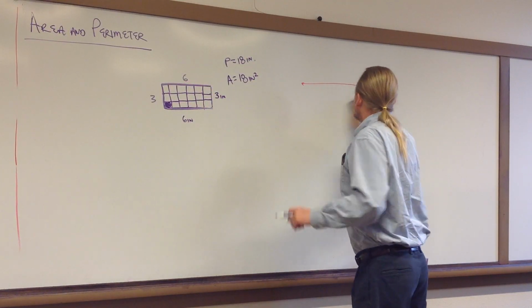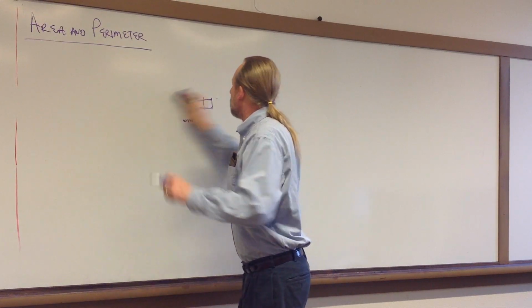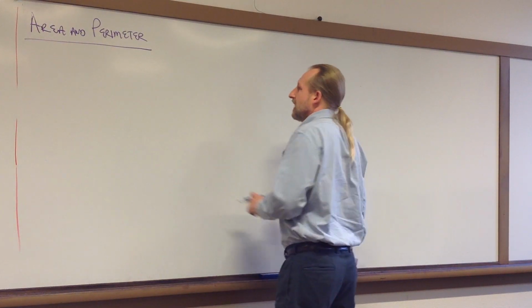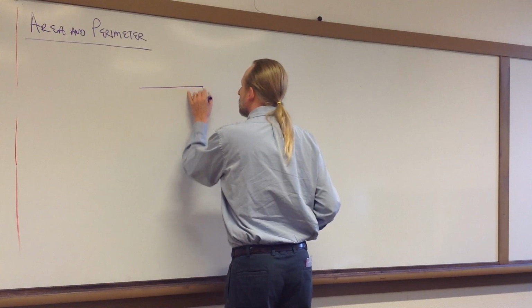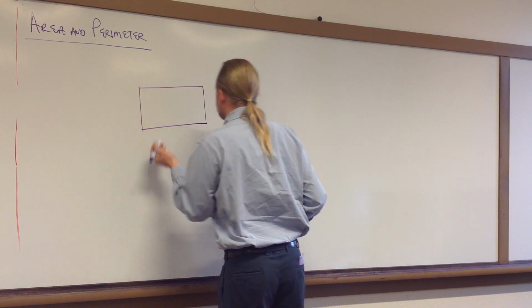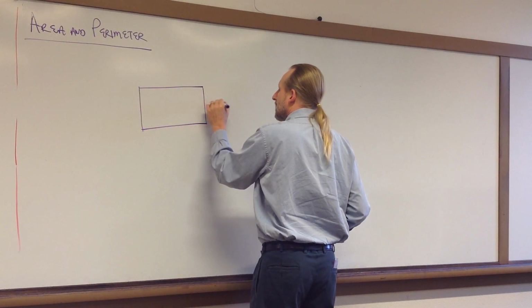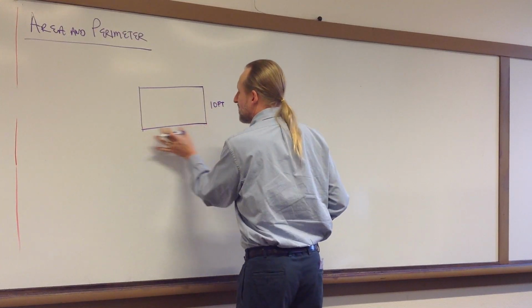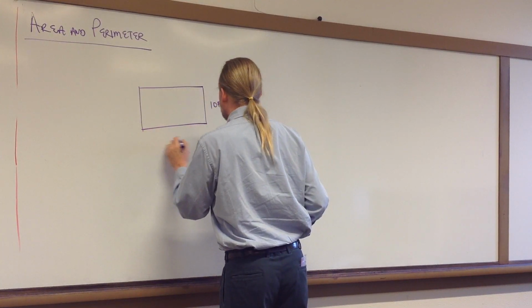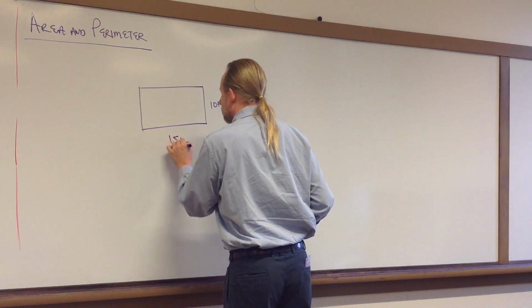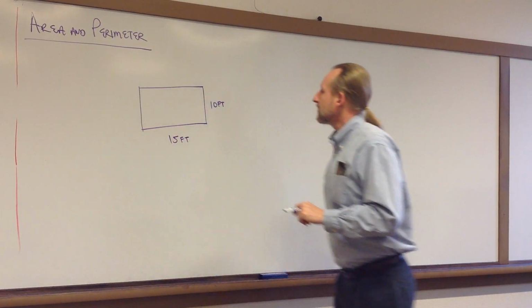Well, let's look at another quick example here where the answers won't turn out to be the same. Let's say we've got something 10 feet in that direction and maybe 15 feet in this direction.